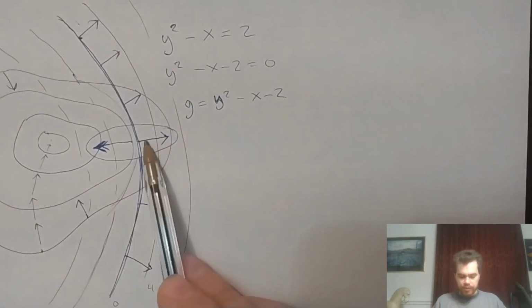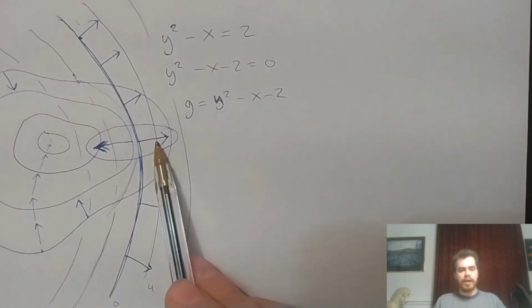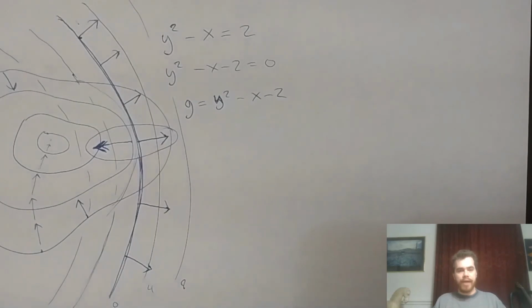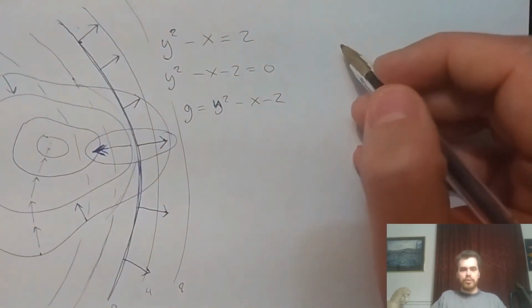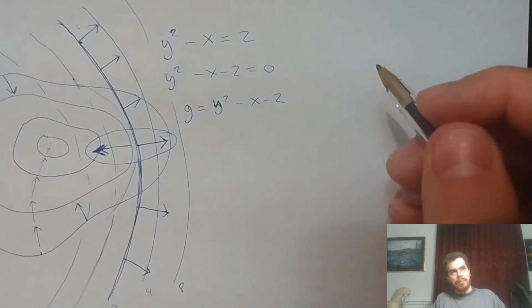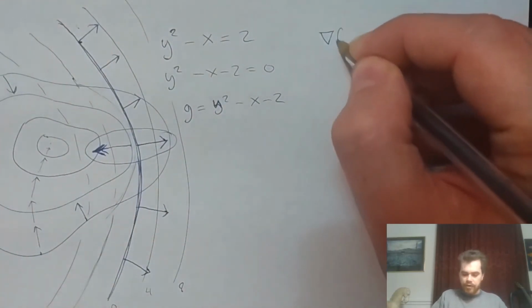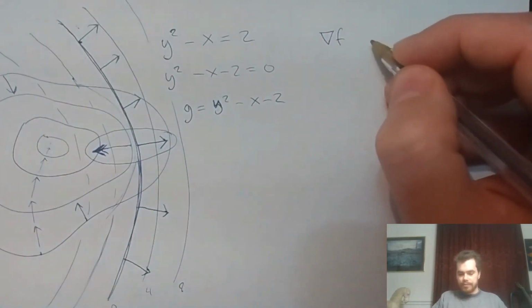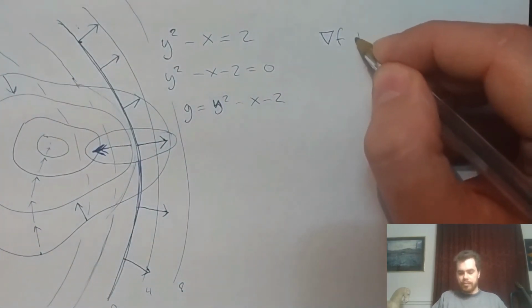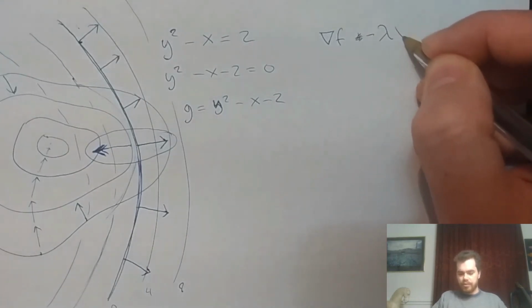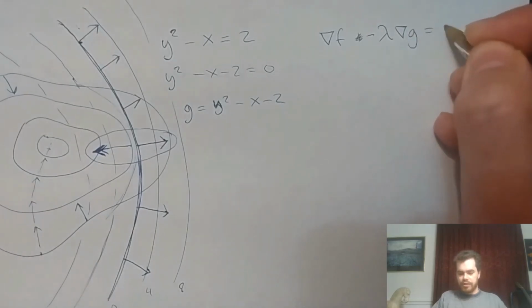And so there's some number that if we were to multiply this vector by, it would be either identical, or equal in magnitude but opposite in sign. So we could write down that the gradient of f at this point plus minus lambda times the gradient of g is equal to 0.